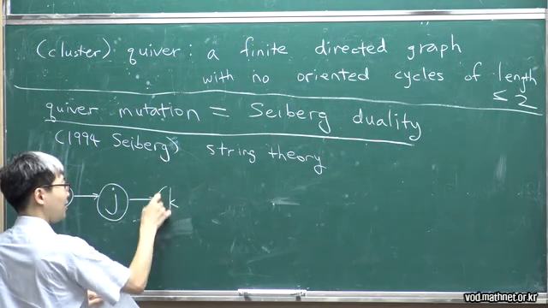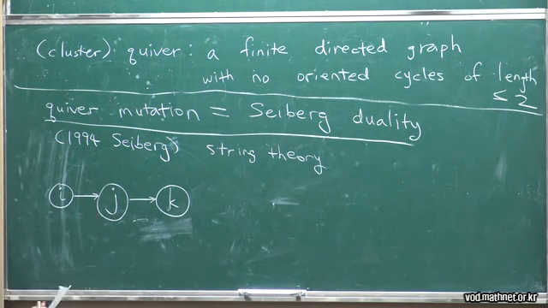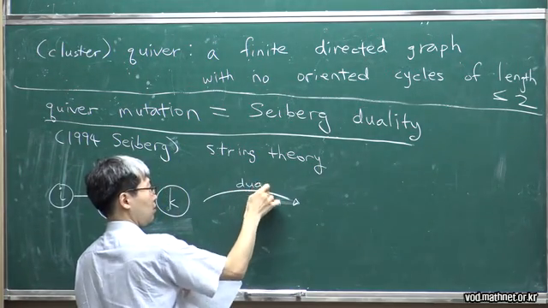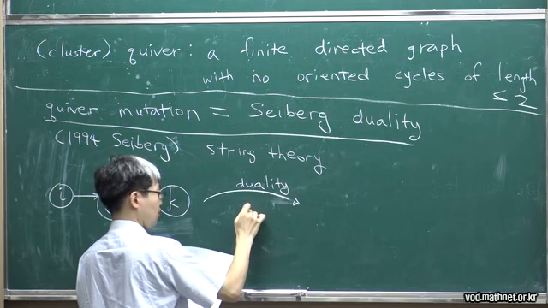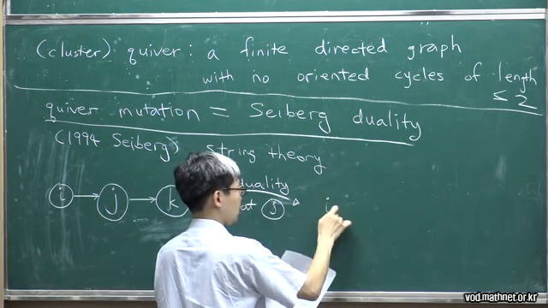Suppose that I take a vertex J, then if I apply a Seiberg duality, it would become like this.